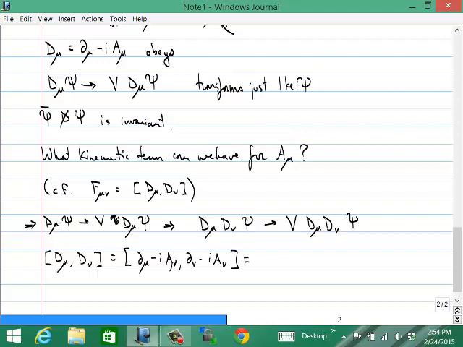Except when you imagine computing this in a non-abelian gauge theory, you need to remember that now A mu and A nu are n by n matrices, so they don't necessarily commute with one another. So what do you get? Well, you get minus i times d mu A nu minus d nu A mu, along with a commutator term reflecting the fact that A mu does not necessarily commute with A nu.